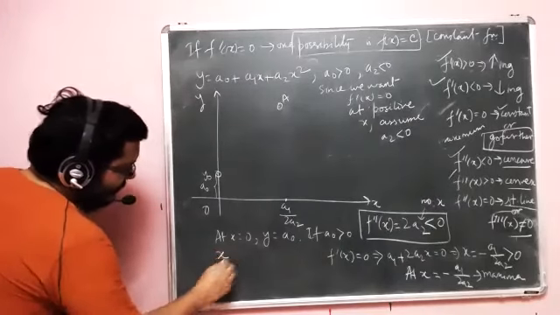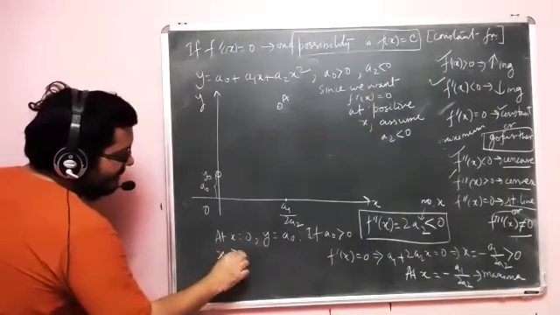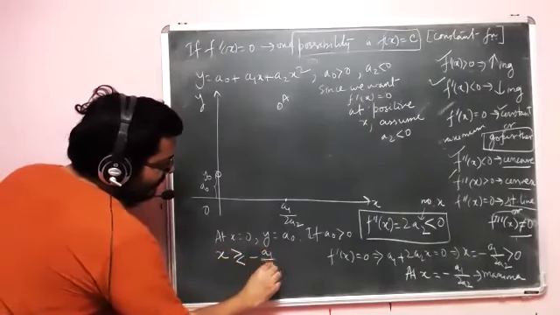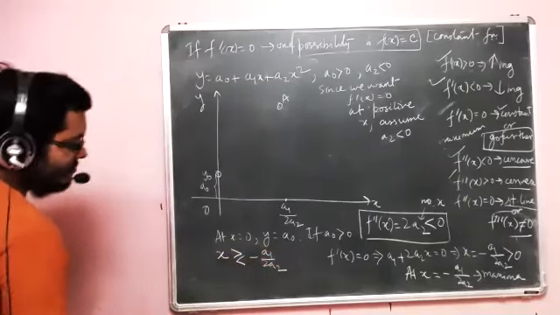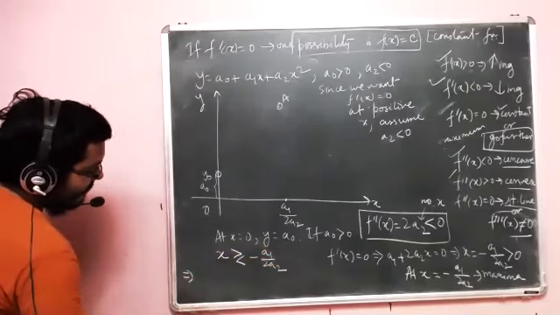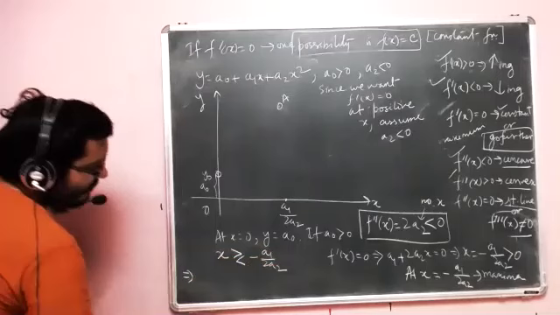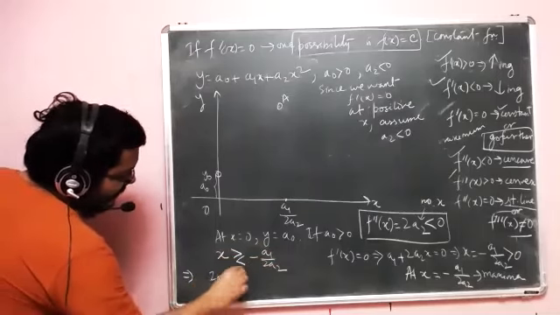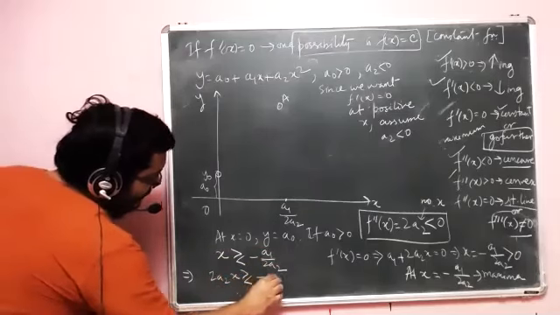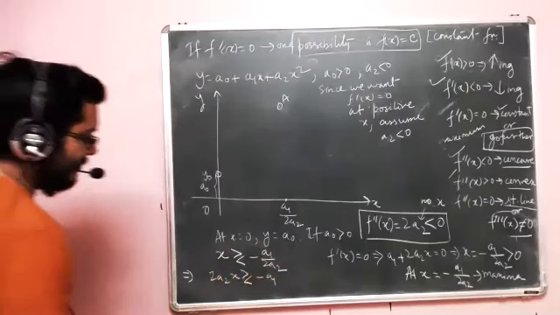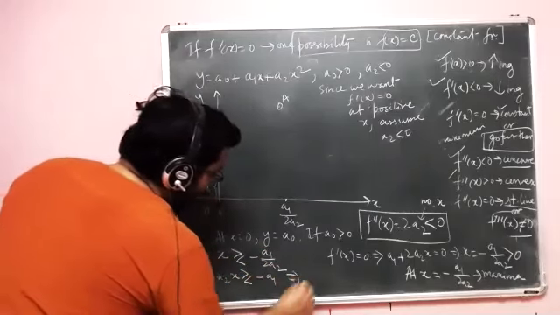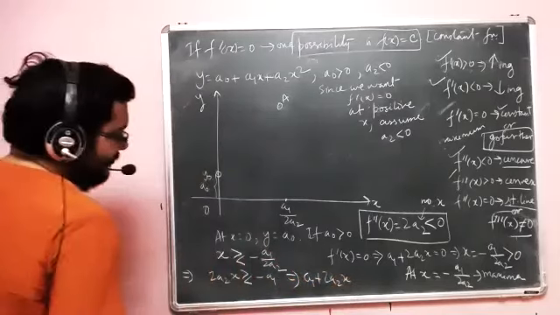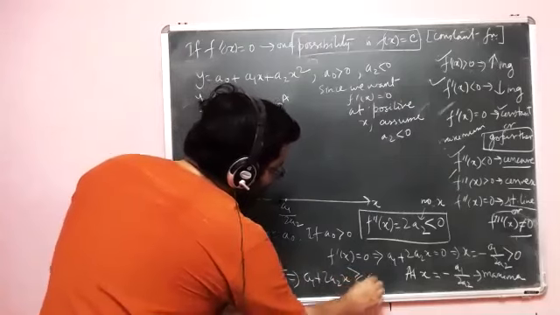So let's do it like that. x greater than or equal to minus a1 by 2a2, which implies that 2a2x greater than or equal to minus a1, which will say that a1 plus 2a2x is greater than or less than 0.